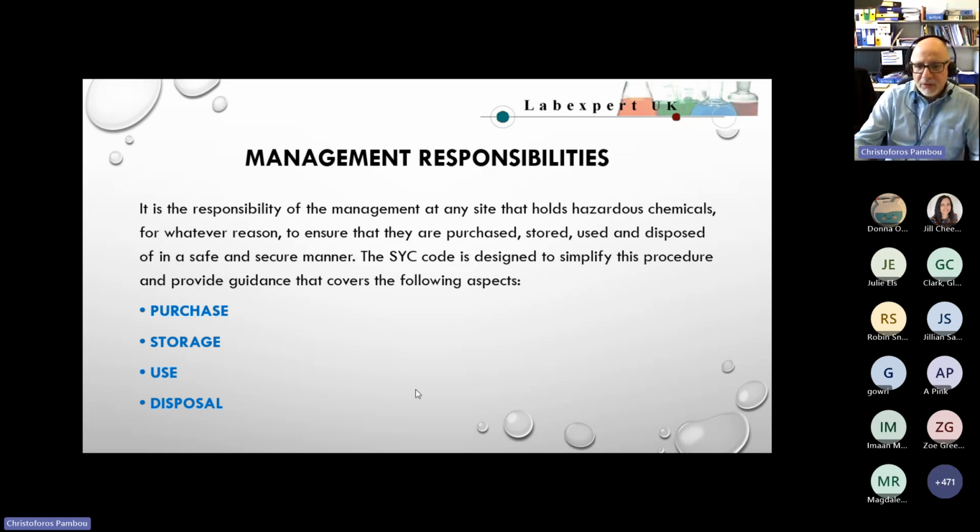So this Secure Your Chemicals code is designed to simplify the procedure. It's not trying to put any kind of extra work on us or the employer. It's about the purchase, the storage, the use, and disposal.